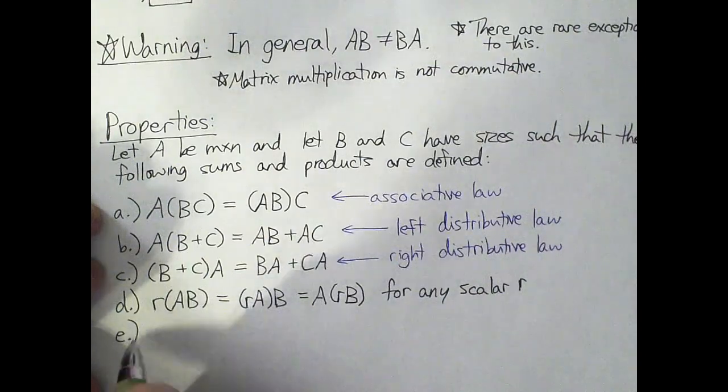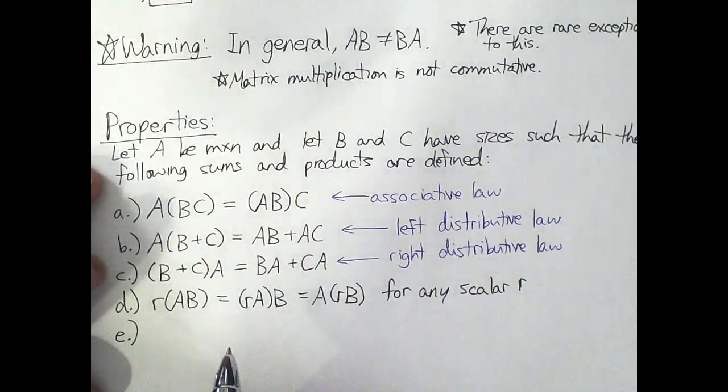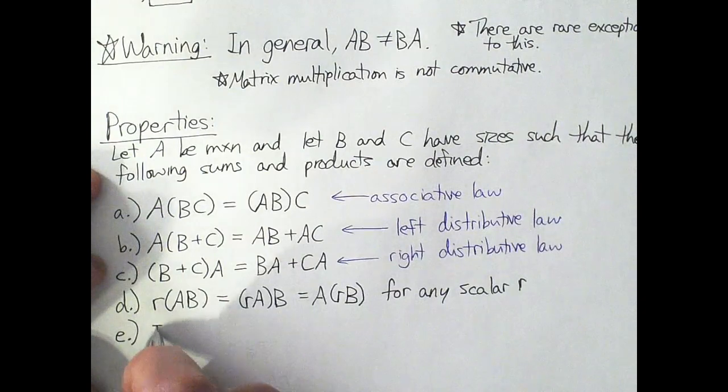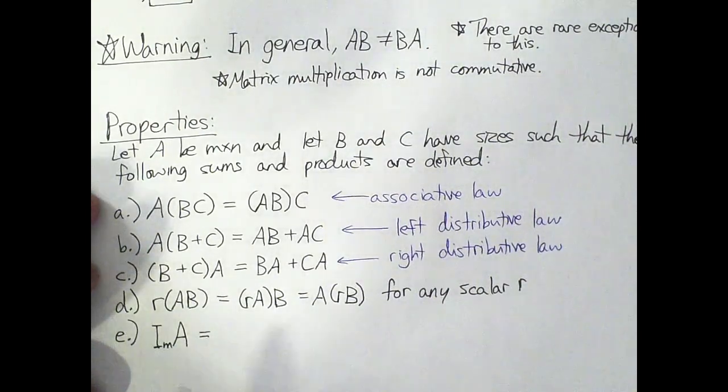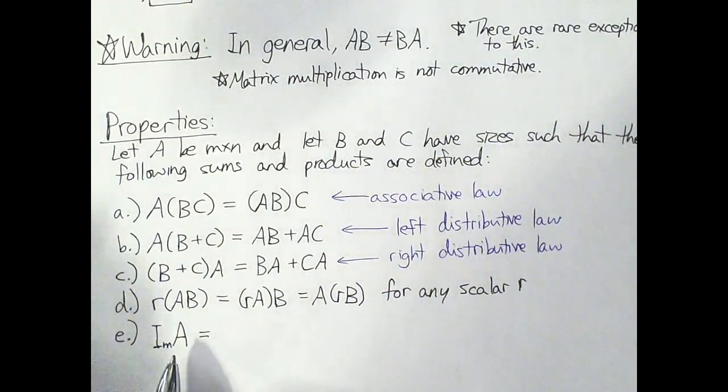Okay, and then one more rule. I_m A, that's the identity matrix, right? That's the m by m identity matrix. I could leave the little m off and just say size is clear from context.